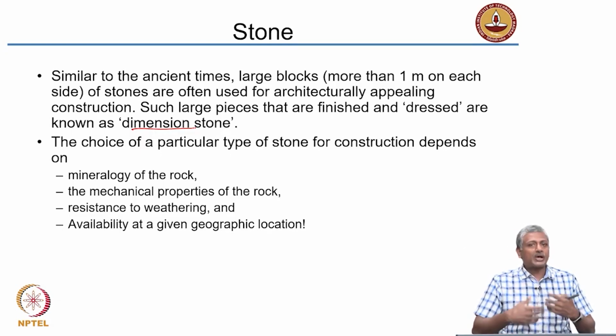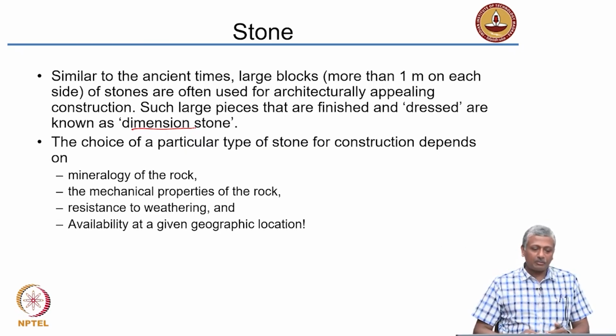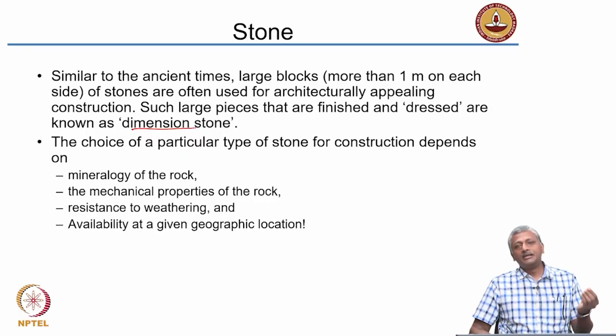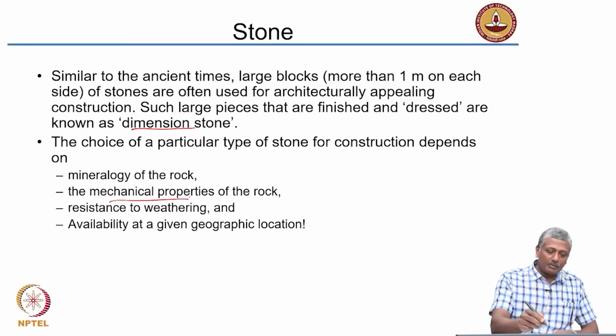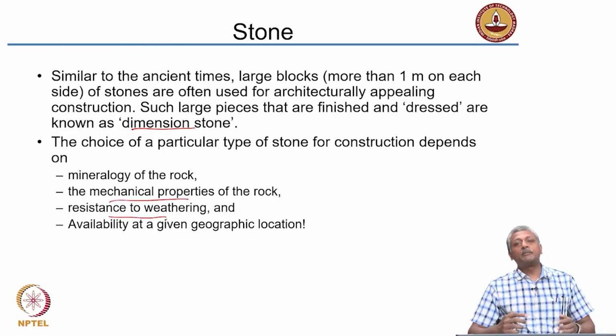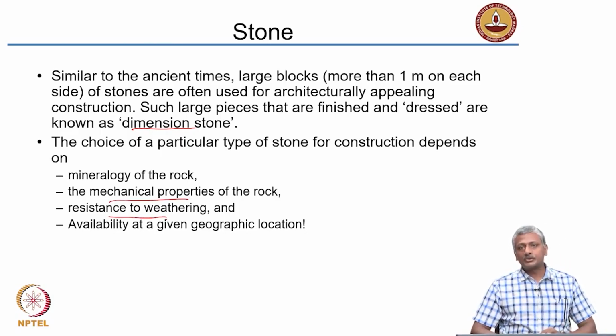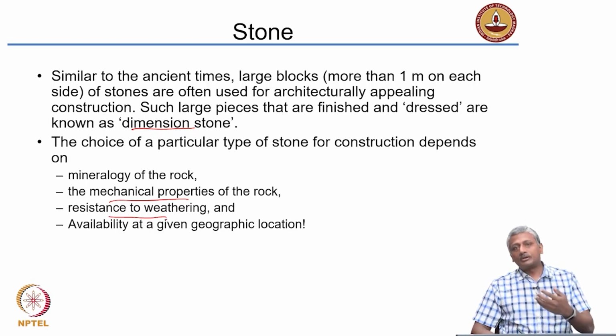But nevertheless, you also have to be worried about the engineering properties that are made possible by the specific mineralogy of the rock. Okay. The other mechanical properties and resistance to weathering obviously are performance related aspects, and those are absolutely important to ensure that you are able to build a structure that is going to last for a long time. Okay.